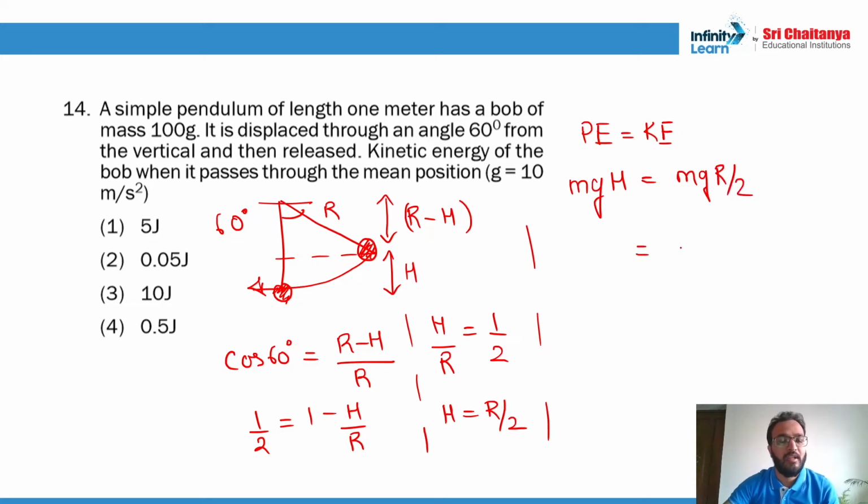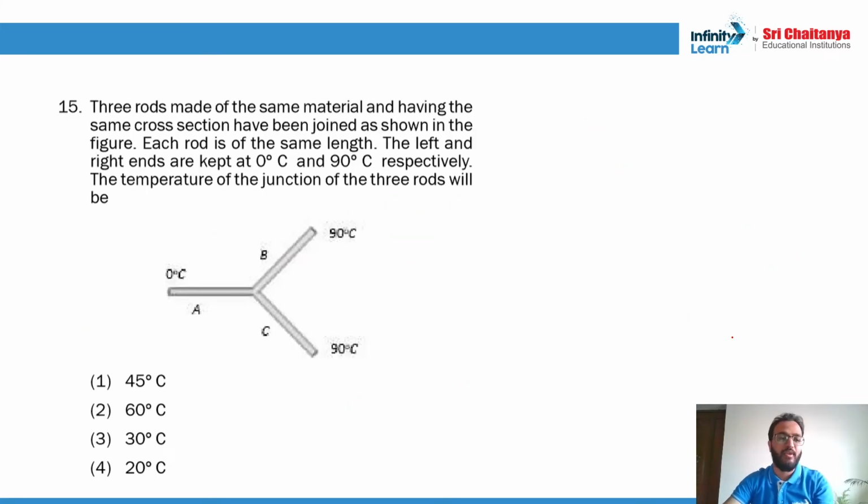That's all. R is the length of the pendulum, which is given as 1 meter. So it is 100 grams divided by 1000, converted into kg. This is 10, this is 1, this is 2, and the common factors cancel. The answer is 0.5 joules. Got it?